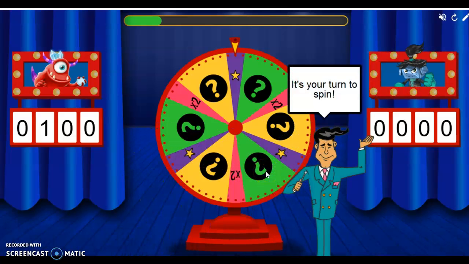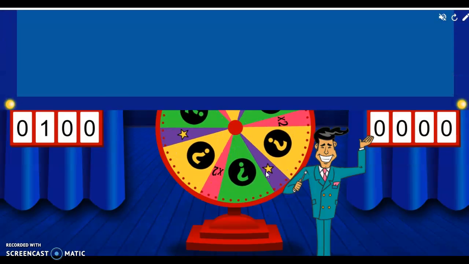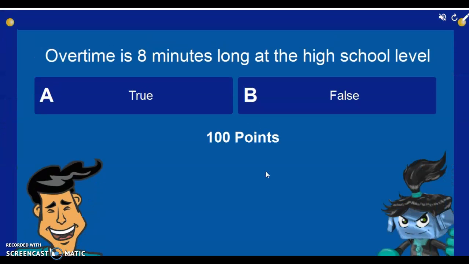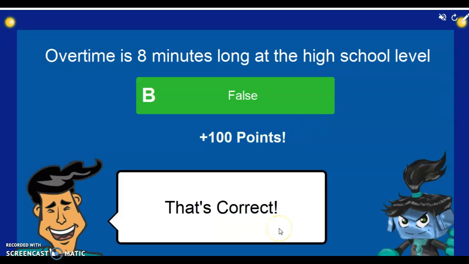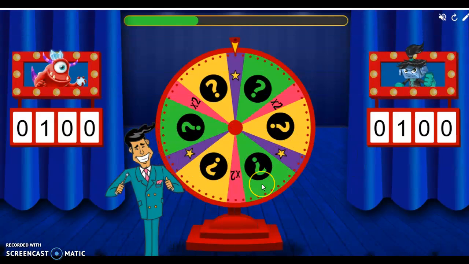So, team 2, which is Logan, Ethan, Jacob, and Michael, but Michael's not here today. The next question says, overtime is 8 minutes long at the high school level. Team 2, and you say false. Alright, that's correct. Alright, team 1, you back up.